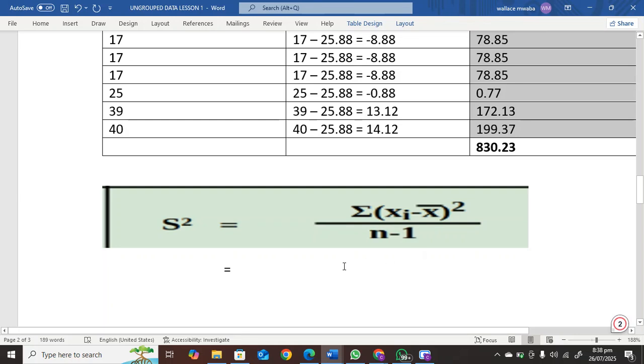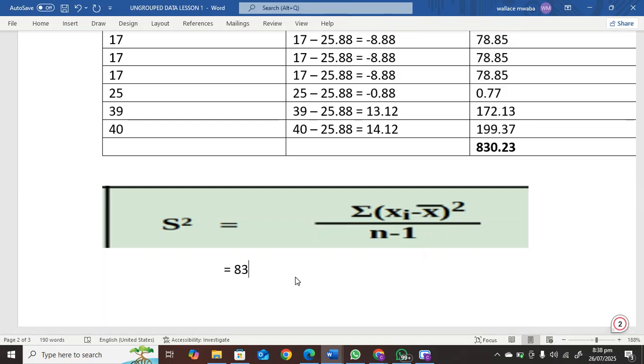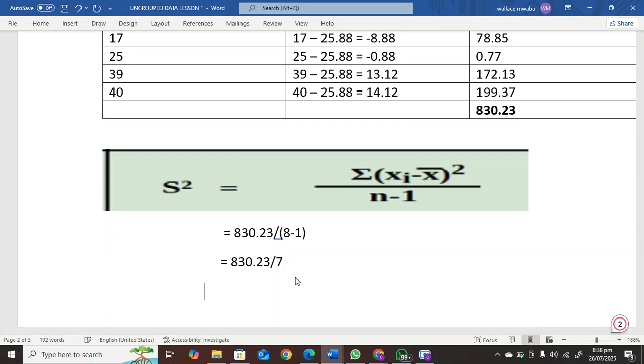So you get 830.23 divided by n minus 1, which is 8 minus 1. 830.23 divided by 7 gives 118.60. So that's the variance.